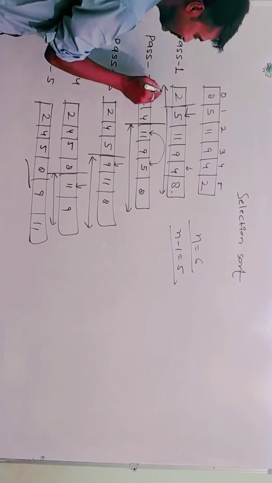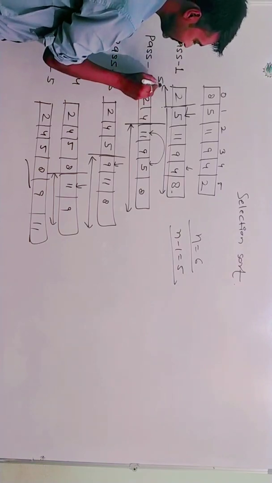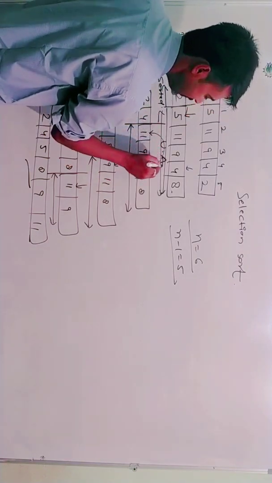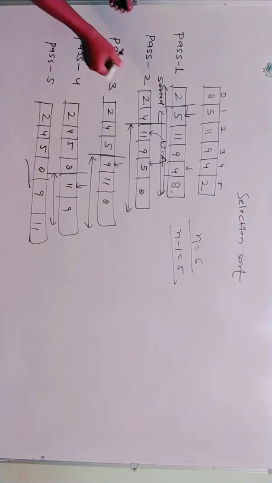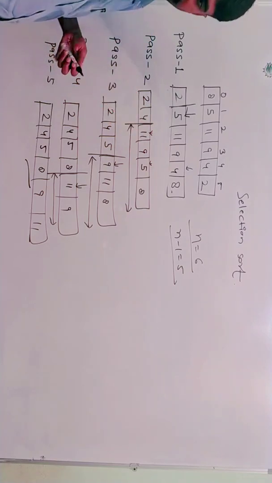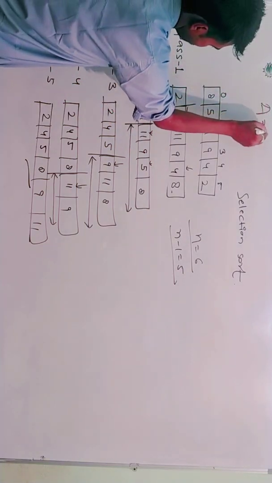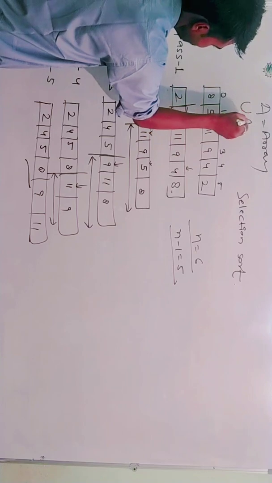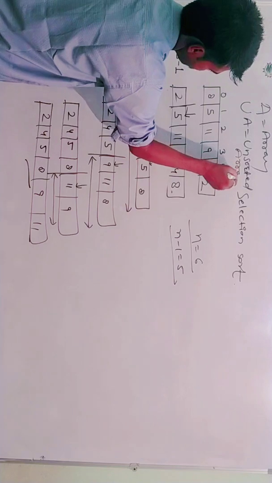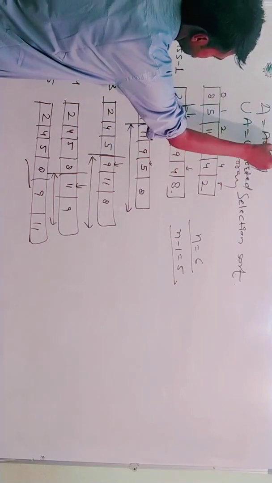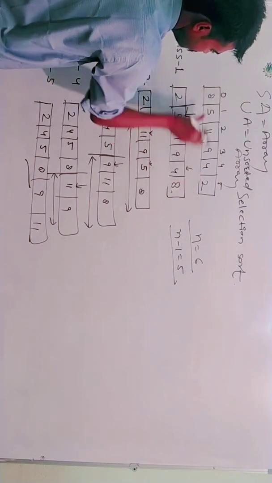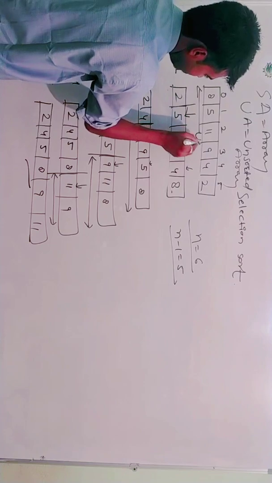Now, this is our sorted array and this is our unsorted array.